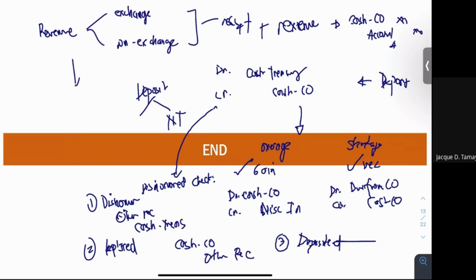Again, if ever it is a special fund, you debit it to cash agency. Okay? In debiting it to cash agency, it means that the agency can make use of that fund. So that's it for your income, receipt, and your deposit system.